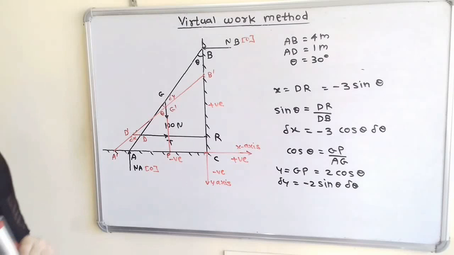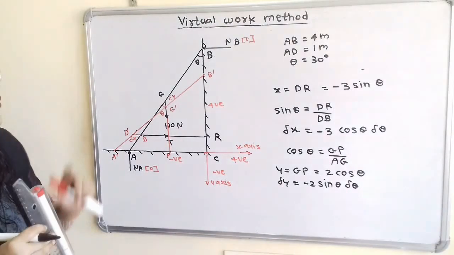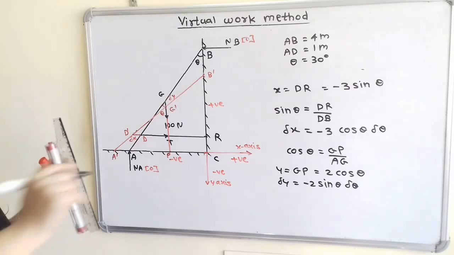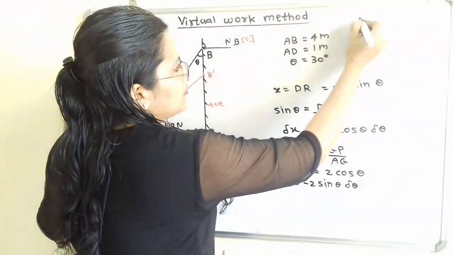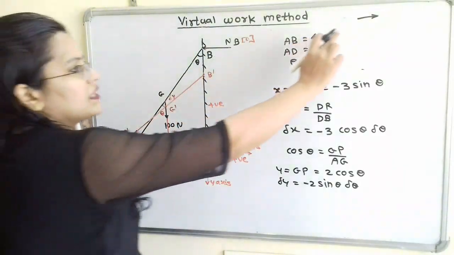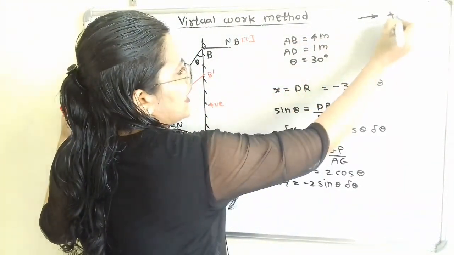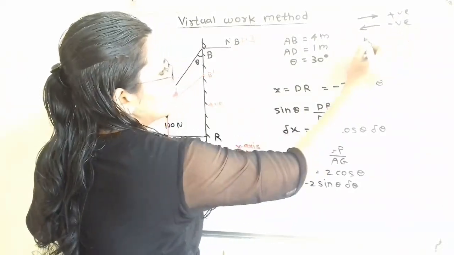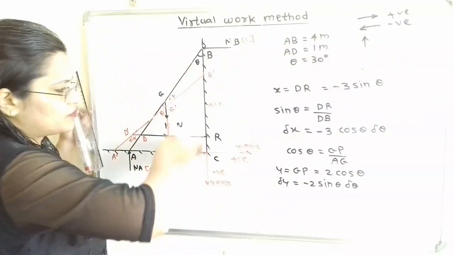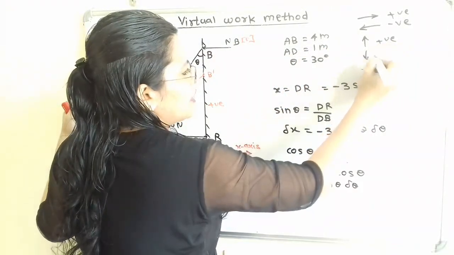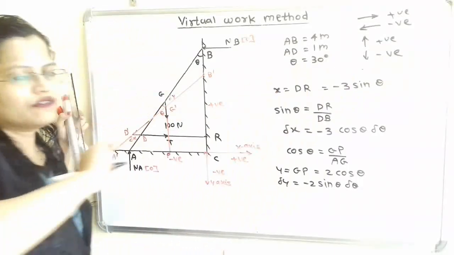Now we will apply virtual work method. So for virtual work method, sign convention is the important part. So we will use sign convention for horizontal forces. For direction towards right hand side positive sign, direction towards left hand side negative sign. For vertical forces, for upward direction positive sign, for downward direction negative sign.